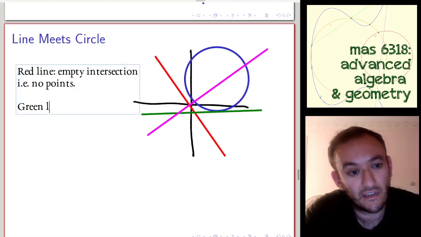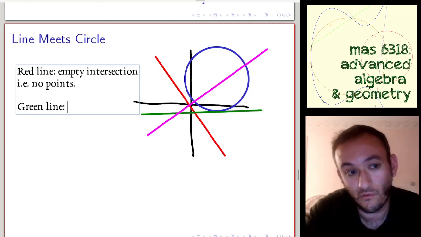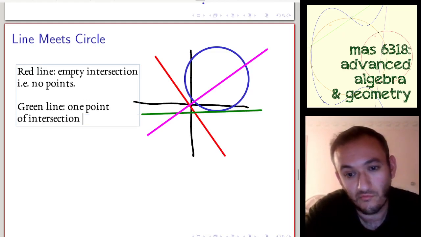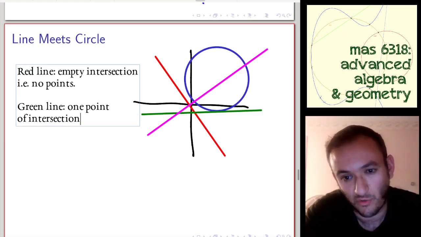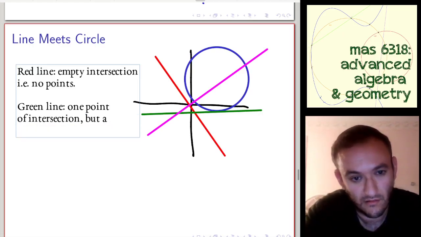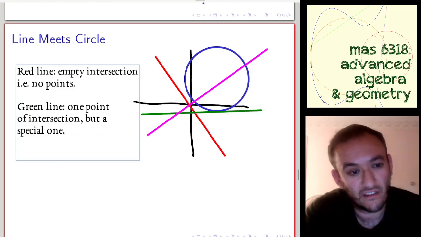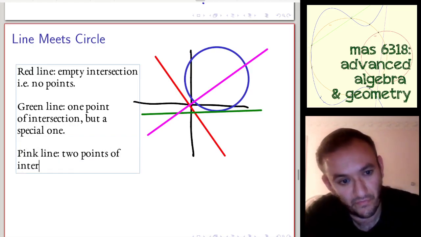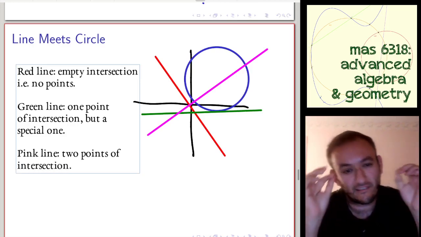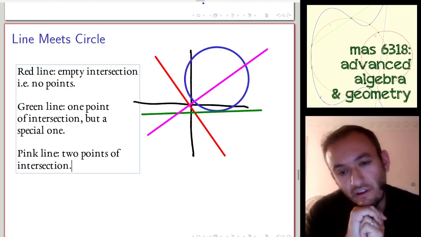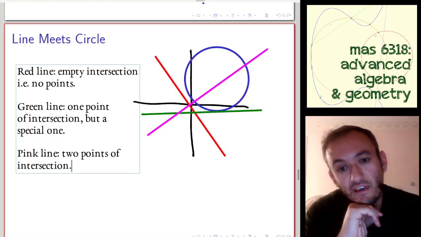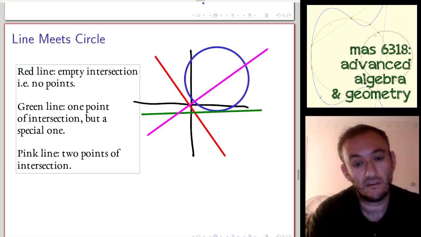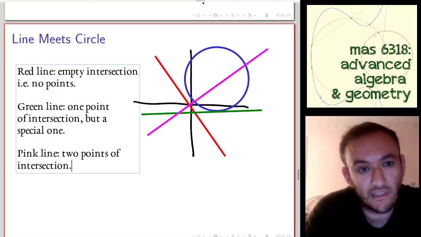The green line describes one point of intersection, but it's a special point. And finally, the pink line has 2 points of intersection. By wiggling these lines around in your head, you'll probably be able to convince yourself that this is the only set of possibilities: either 0, 1, or 2 points in the intersection.